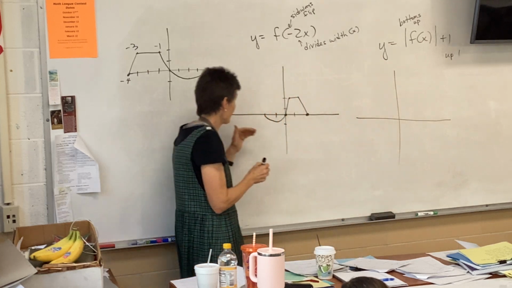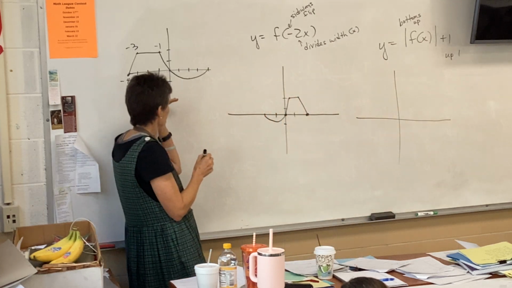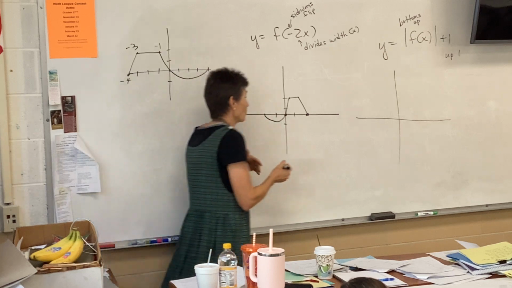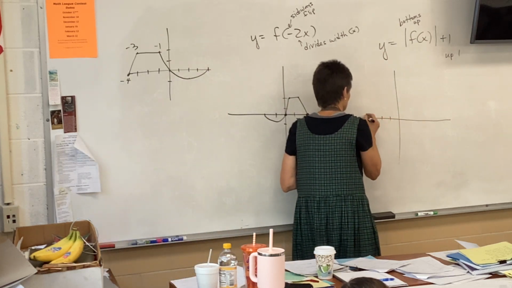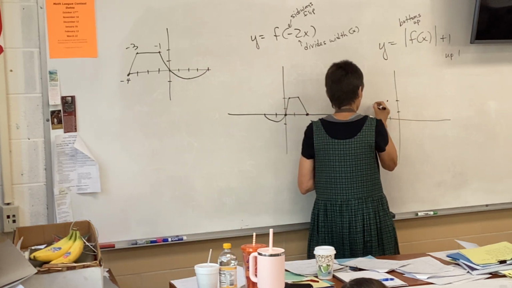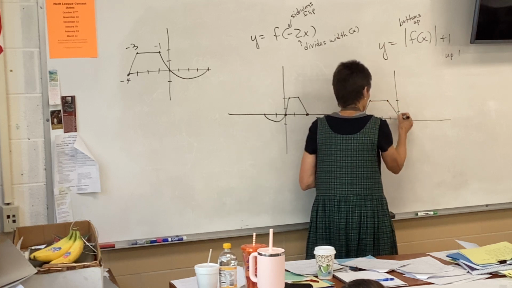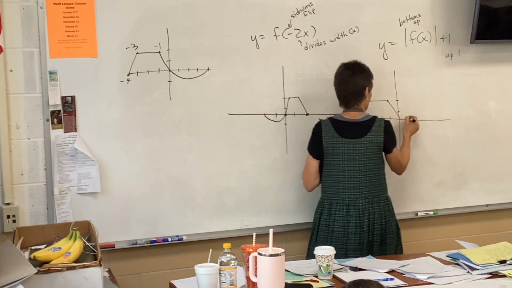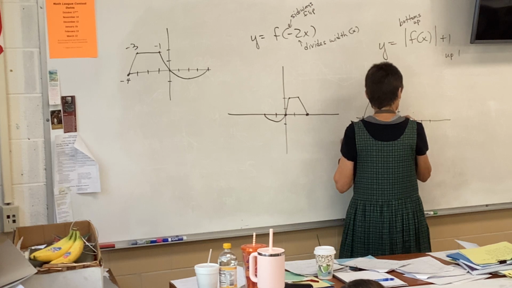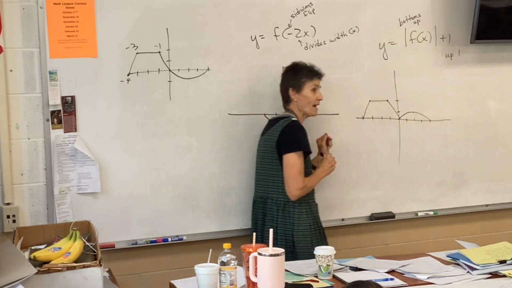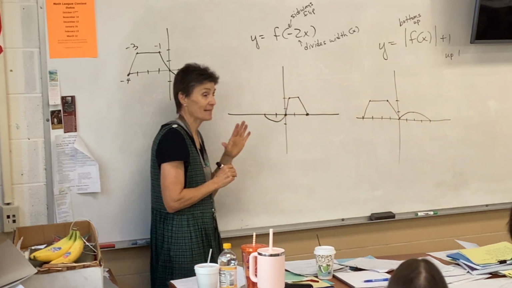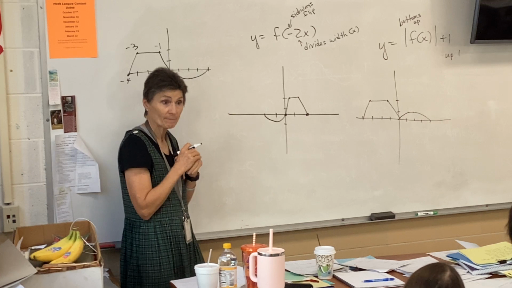So when I look at my original picture, the trapezoid is already up, so it is not going to change. But the semicircle is going to have to come up. Would everybody agree with that? I'm not done, but that's the absolute value part.